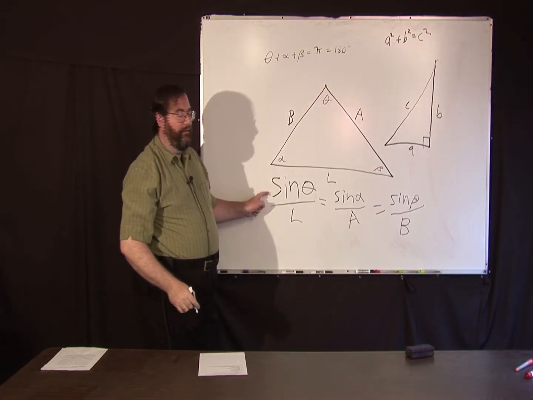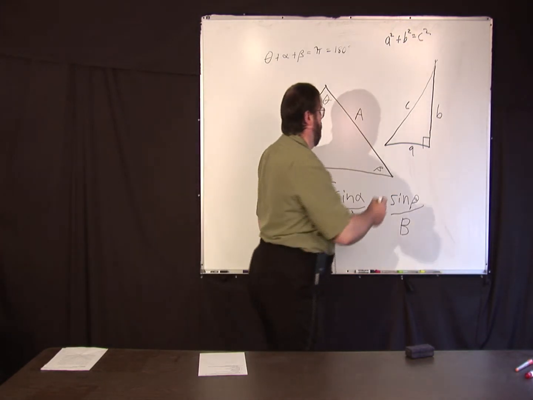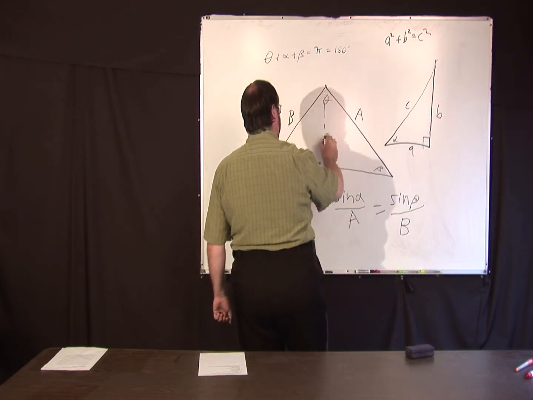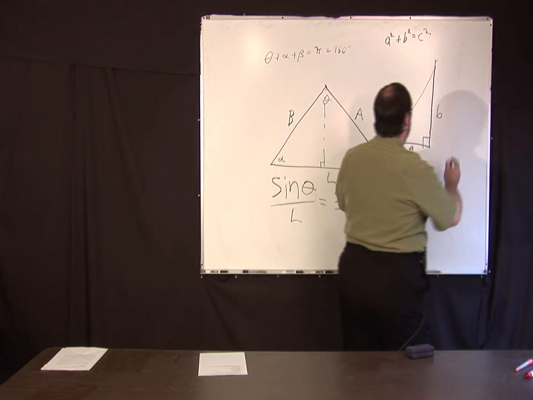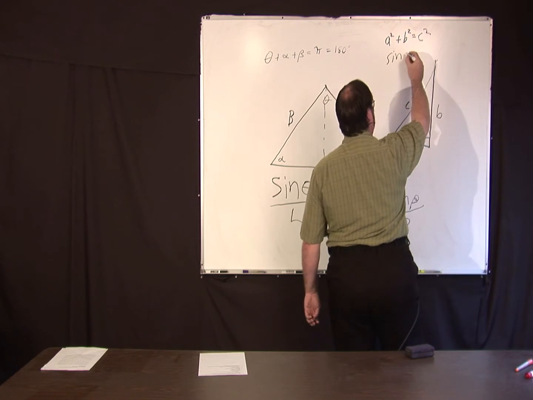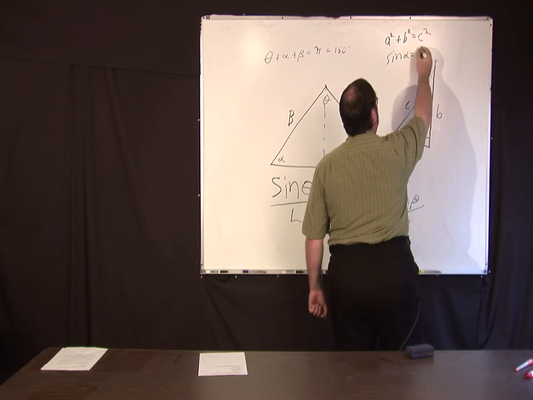What are these sines in this equation? Well, in a right triangle, if you have an angle, let's say alpha, sine alpha is equal to b over c.